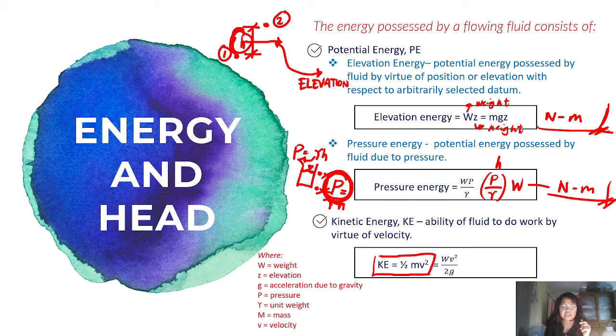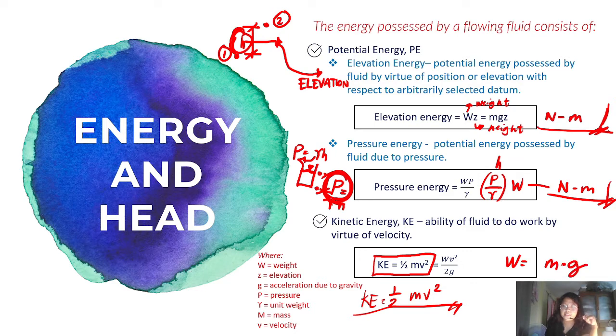So, kinetic energy is defined as one-half mv squared. Constant yan. Ngayon, nagiging WV squared over 2G. Galing yan kay, 'di ba? Weight is mass times gravity.